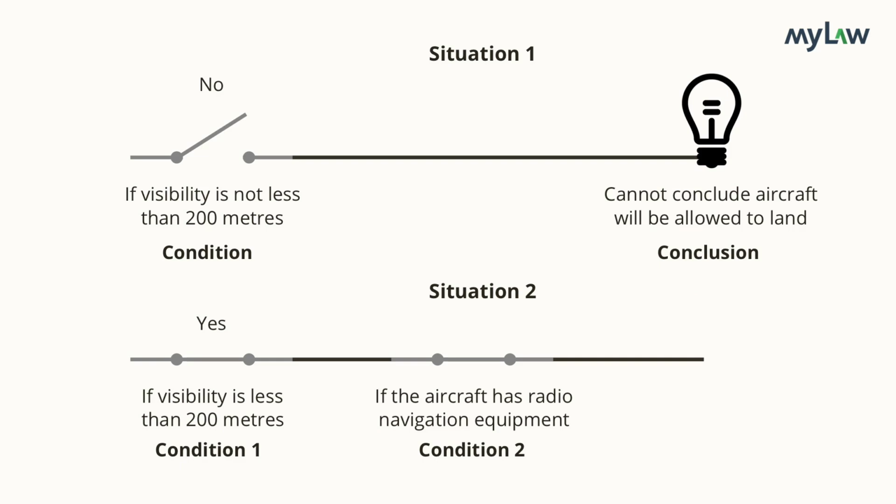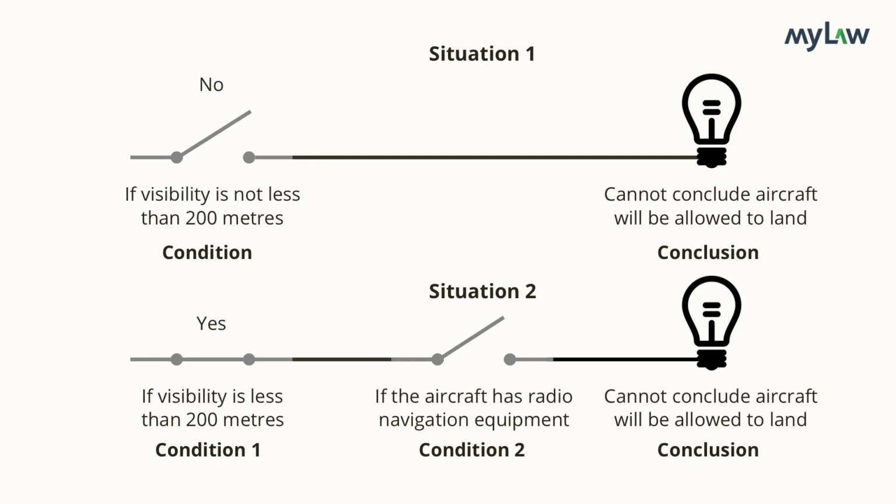Visibility is at 100 meters. So, A, the lone switch in the first circuit is turned off, and B, the first switch in the second circuit is turned on. We cannot reasonably arrive at the conclusion in the first scenario. Philip's aircraft had no radio navigation systems, so the second switch in the second circuit is turned off, and we cannot reasonably arrive at the conclusion in the second scenario either.